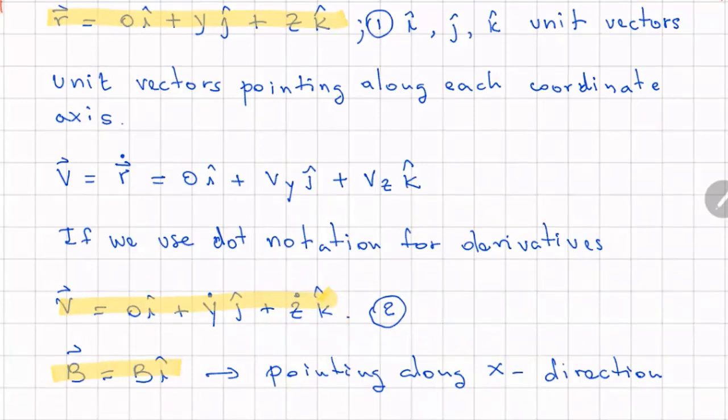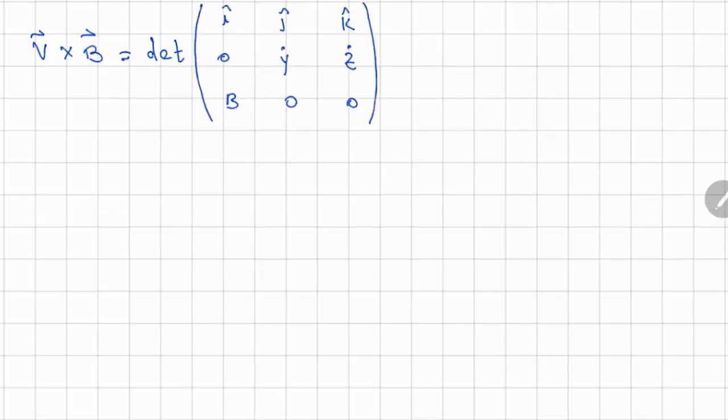So the next step is to calculate the cross product between the velocity and the magnetic field. This product is v cross B, equal to the determinant of the matrix that we have right there.